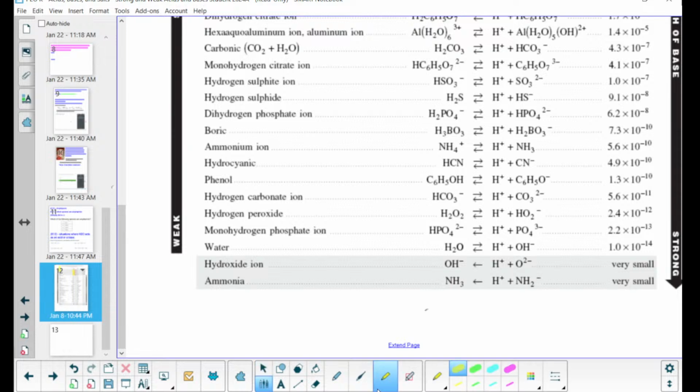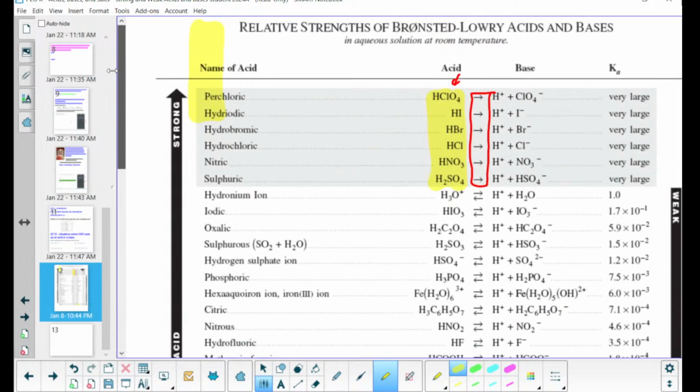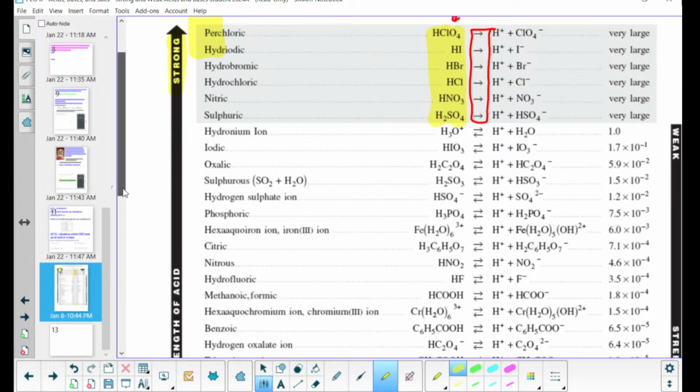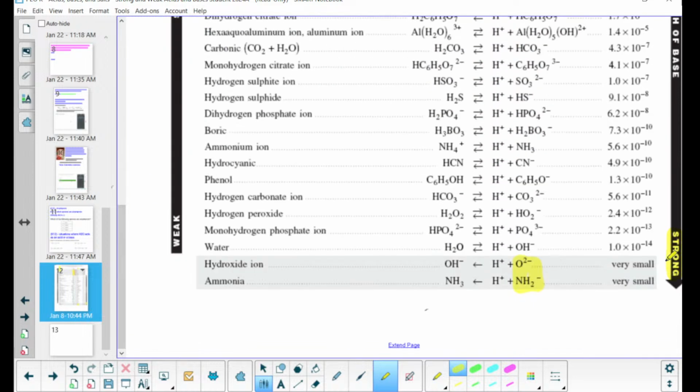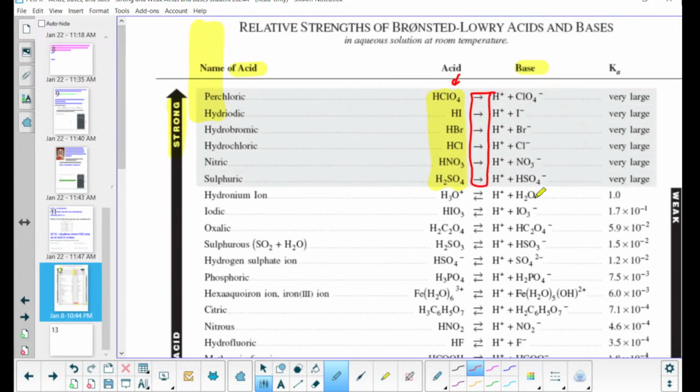Bottom, right. It is labeled on the top, base and acid. It even tells you strong and strong, ignoring this reaction, because that's the water reaction that we will end up using quite a lot.